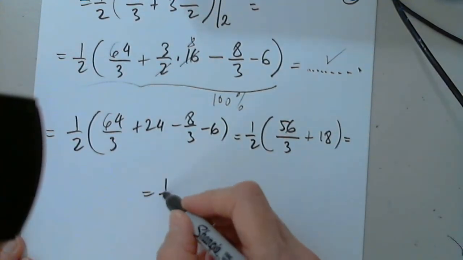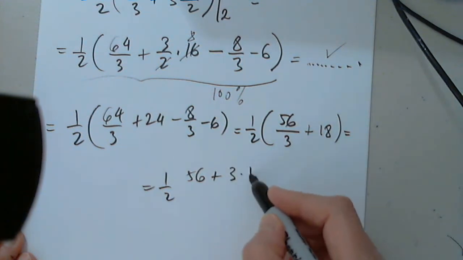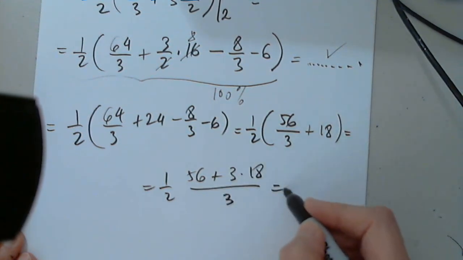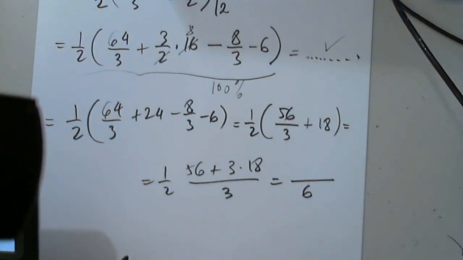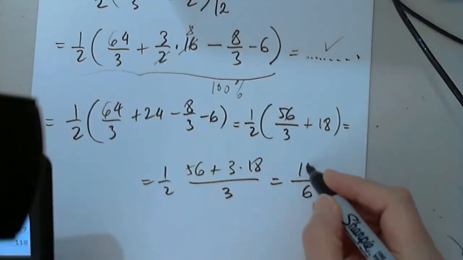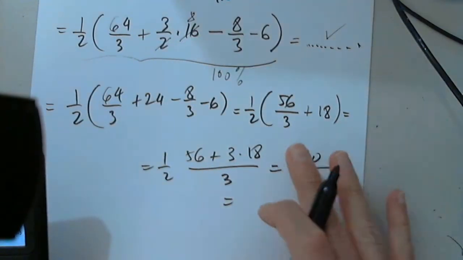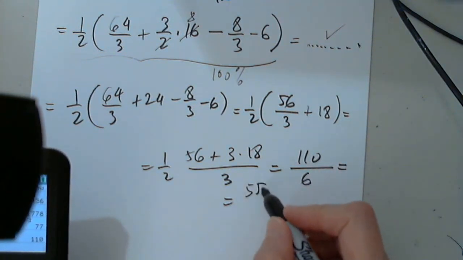Okay, so then 1/2, I have 56 plus 3 times 18 divided by 3. So this will be over 6. And again, I don't care about these calculations at the end, but I cannot leave it as is. I'll simplify by 2, and I have 55 over 3.